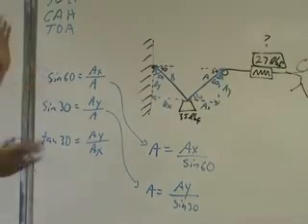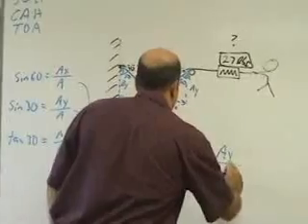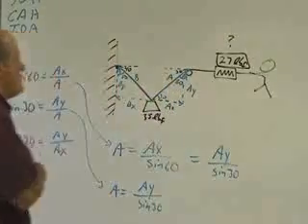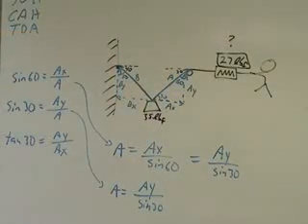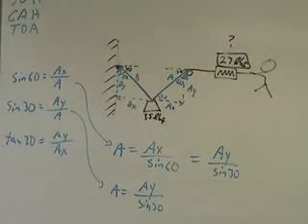So with these two, I can write another equation that's equal to ay over sine of 30. Doesn't look like I'm going anywhere. I think I actually made some progress on that last one, maybe.